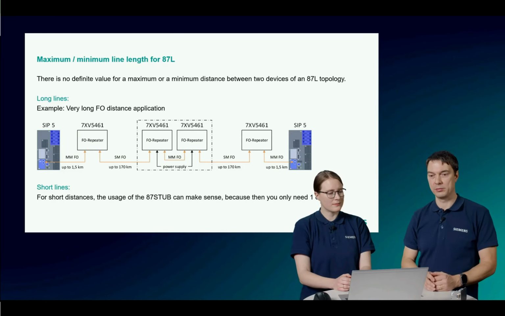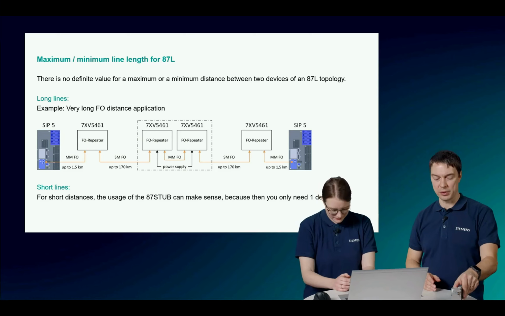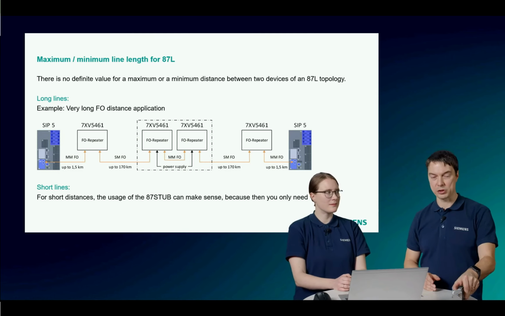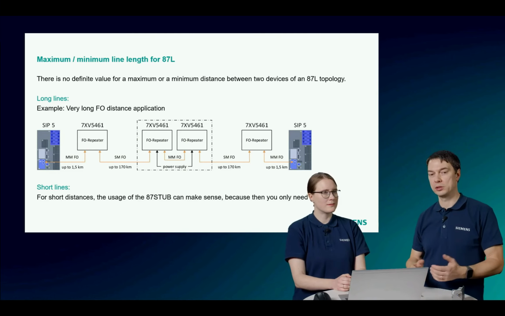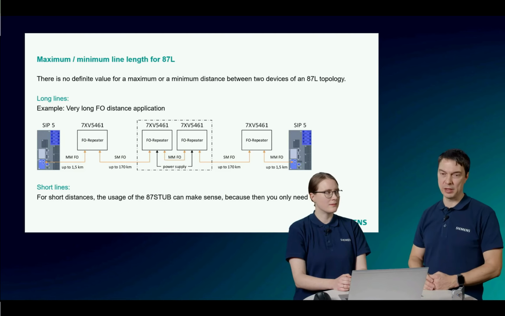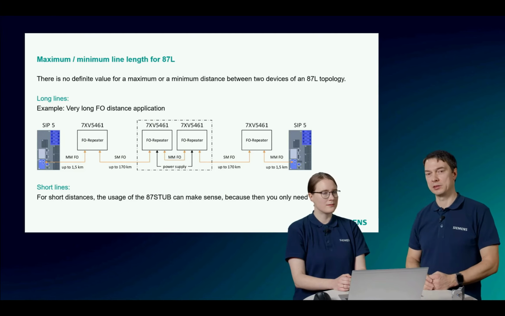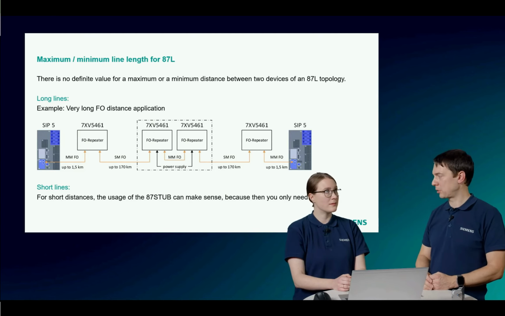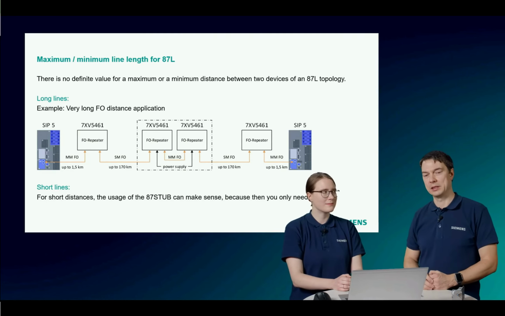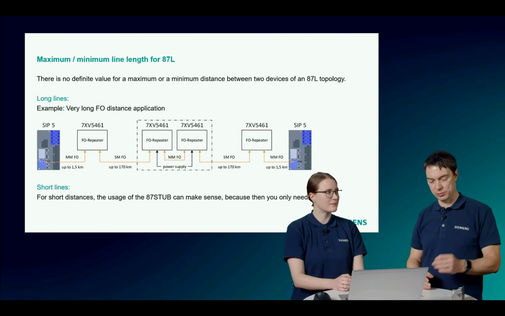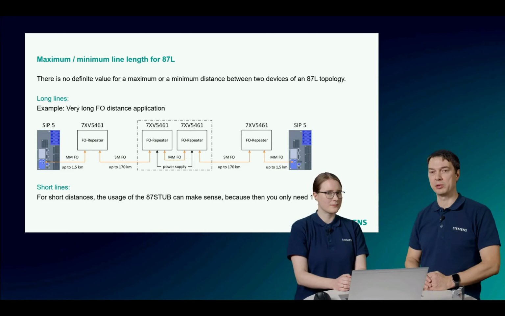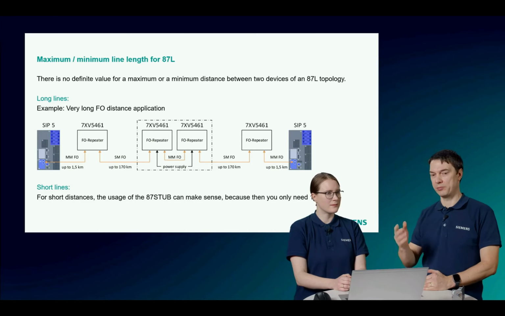If you need to protect a longer distance for the line differential application, then you can use the fiber optic repeater, which I also presented, I think, in the second webinar. Here we also have SFP options available which cover a longer distance of about 170 kilometers.